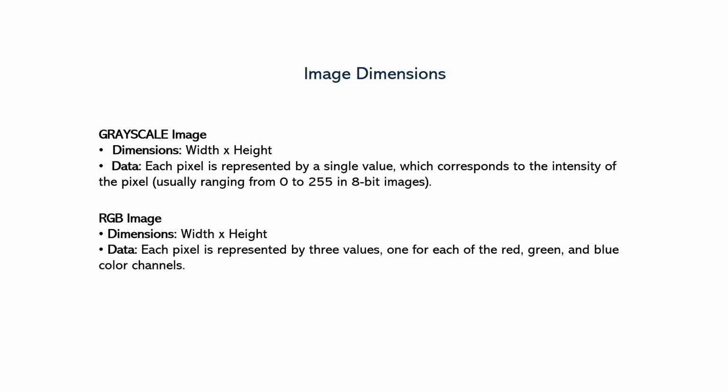The total data is three times that of a grayscale image. A grayscale image needs only one value per pixel, which we consider as one channel, while an RGB image needs three values per pixel. So we define it as three channels. This makes RGB images more detailed and colorful, but also larger in file size.